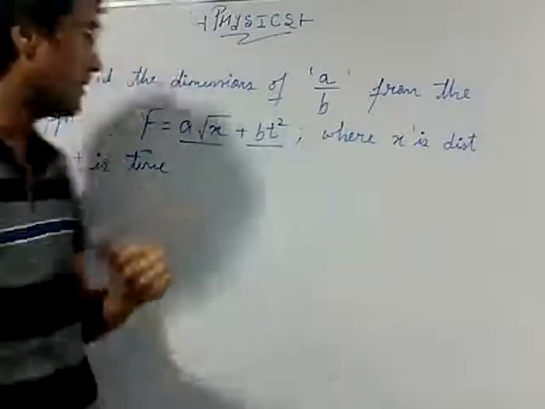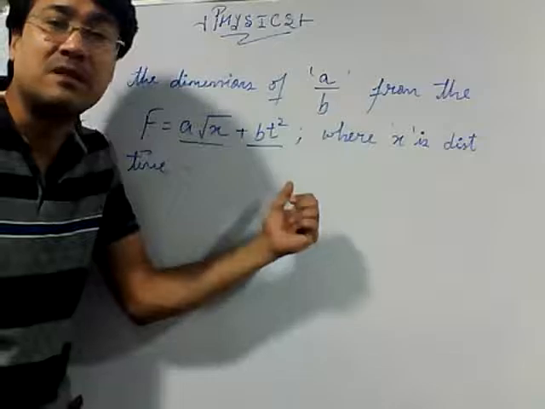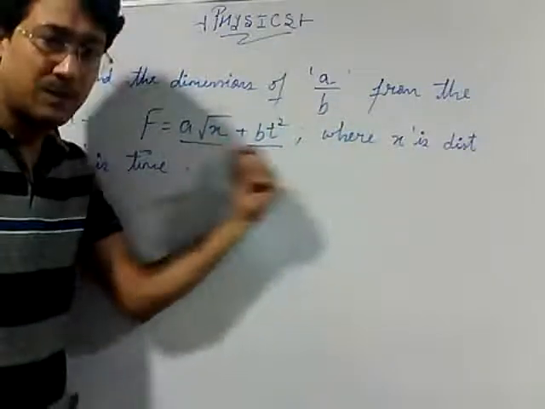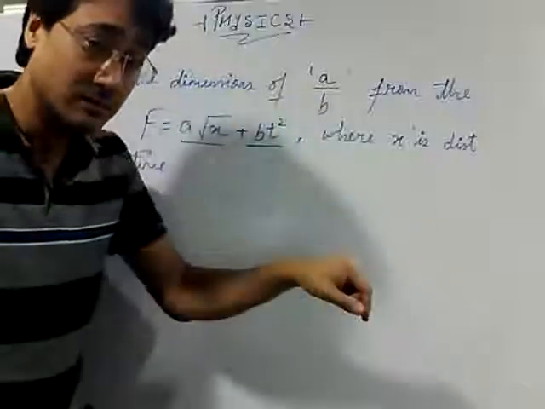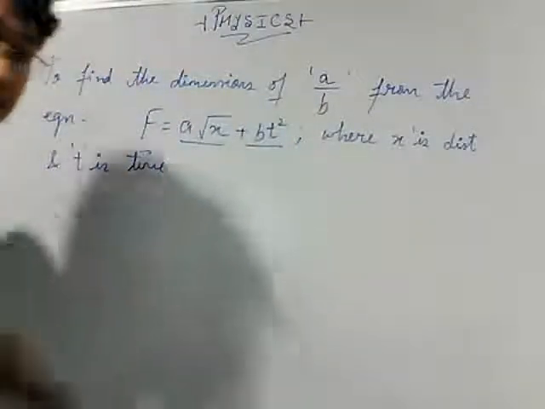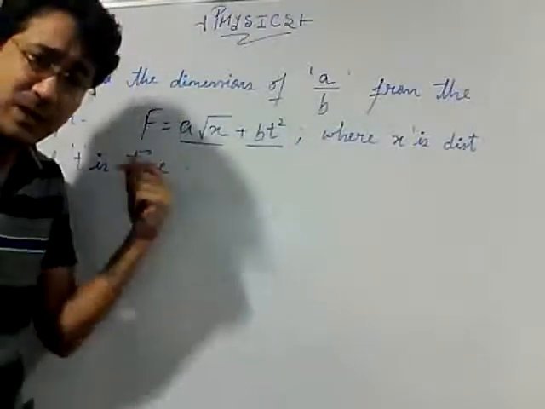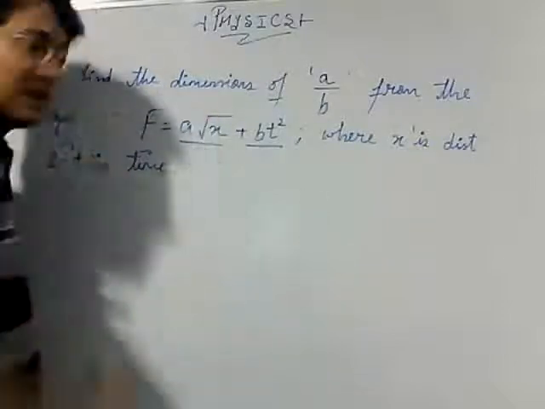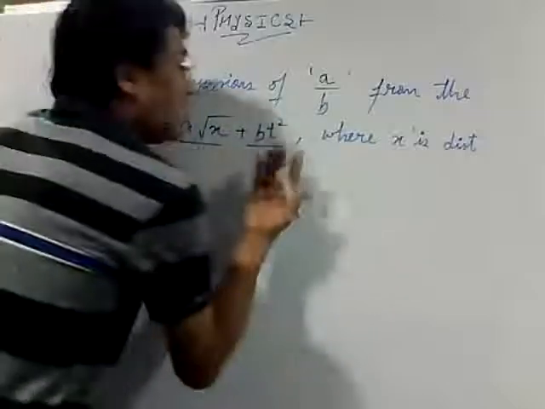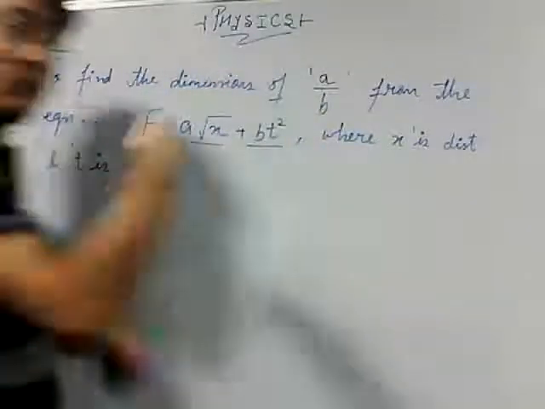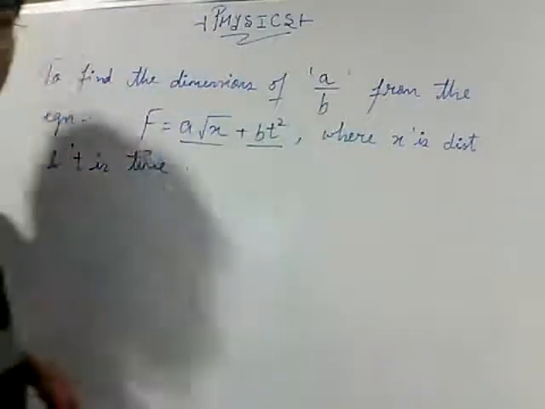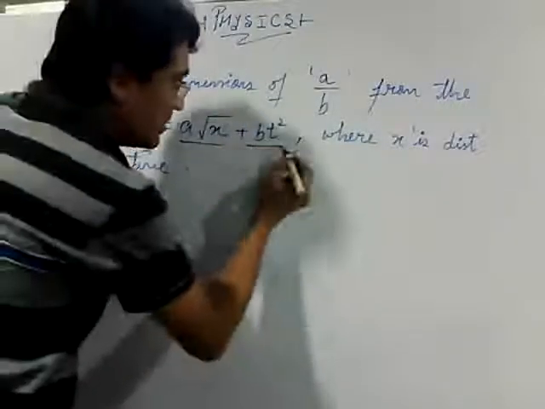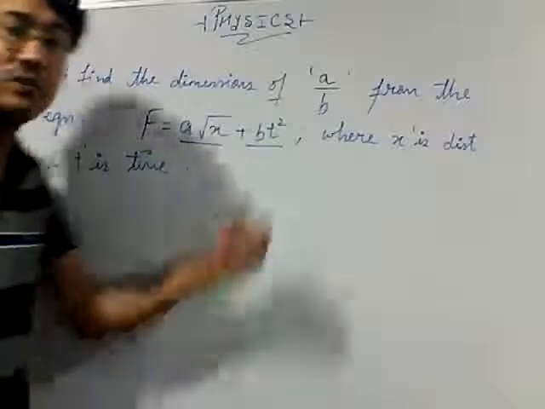So meters plus meters will again give you meters, which will be the unit of force. Therefore, the unit of A root x is equal to the unit of bt square is equal to the unit of F, or the dimension of A root x is equal to the dimension of bt square is equal to the dimension of F.